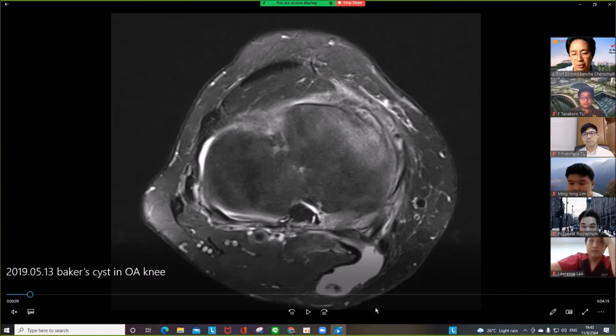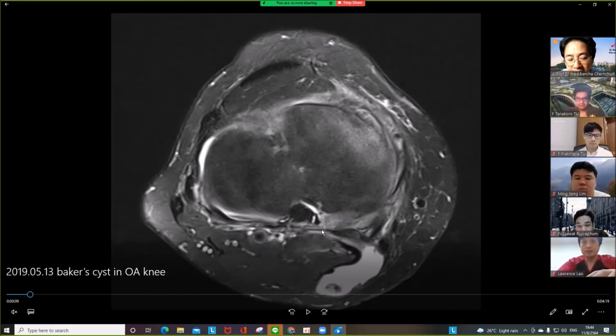Do you know what is the opening of the Baker cyst? The opening of the Baker cyst is getting out between which structures? The Baker cyst has a one-way valve with posterior capsule leakage, like a tail, you see? It's leaking from this small valve between these two structures.